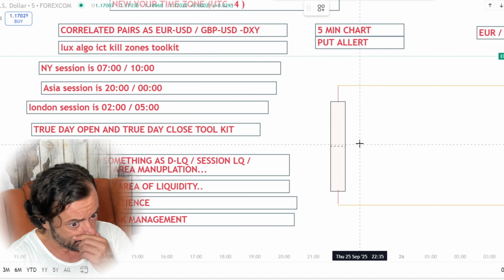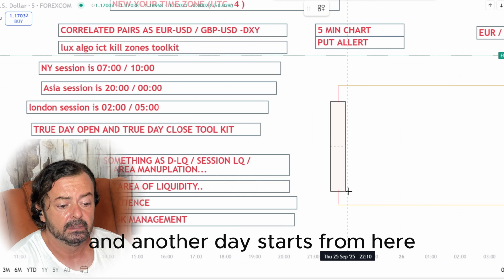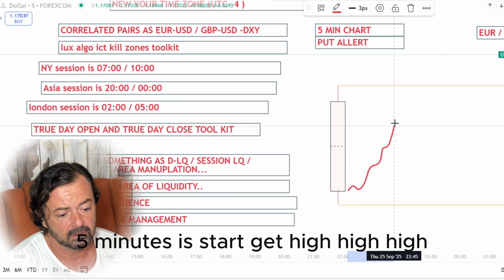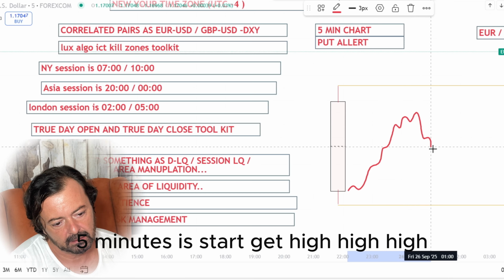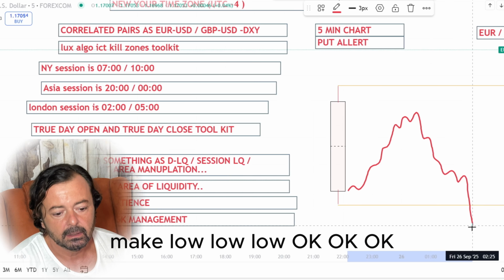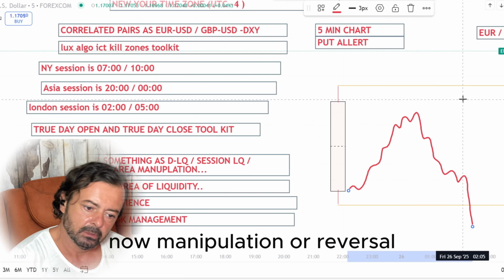What will happen? This is the red candle, for example, and another day starts from here. On the 5 minutes, price makes highs, then lows. Now comes the manipulation or reversal.